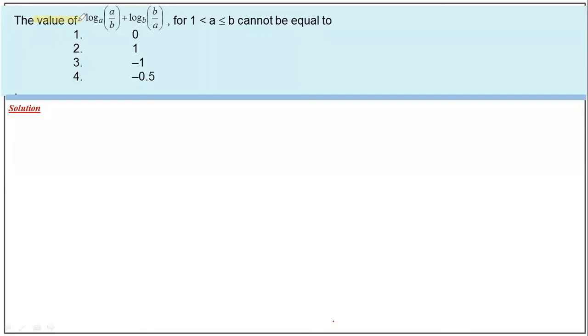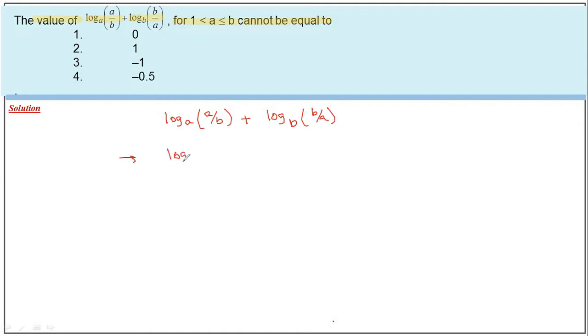The value of log of a by b to the base a plus log of b by a to the base b for 1 less than a less than or equal to b cannot be equal to which of the following? So the expression is given like this: log of a by b to the base a and log of b by a to the base b.